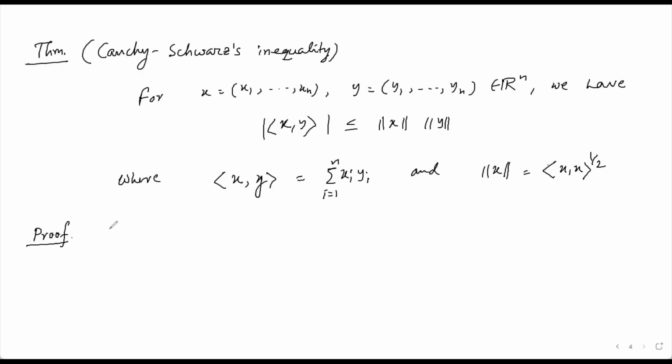Proof. We consider two cases. Case 1: x and y are linearly dependent. For x and y in Rn, either x and y are linearly dependent or independent.